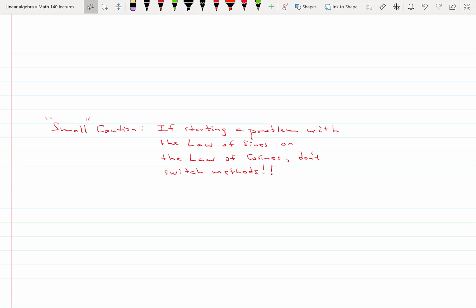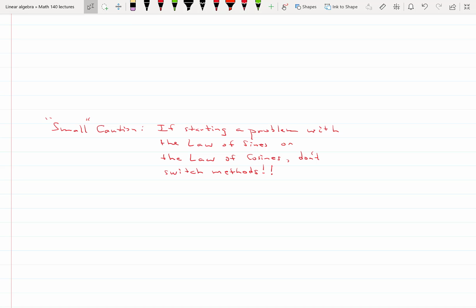I don't think that came out right. Basically, if you start with the law of cosines and switch to the law of sines, you could end up in the case where you have the second of the two possible triangles, but you won't know that you found the wrong triangle. You will solve the first triangle case. So see, it's not really easy to put in words in a simple way.